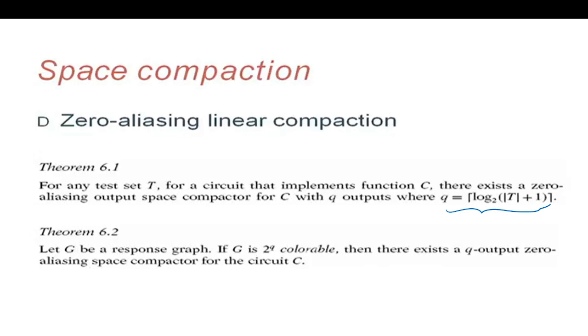Output space for C with Q outputs is log 2 of the modulus of the test set, the number of test patterns, plus 1, and C. Let G be a response graph. If G is 2 power Q colorable, then there exists a Q output, zero aliasing space compactor for the circuit C. So here we will use something called the graph coloring method.